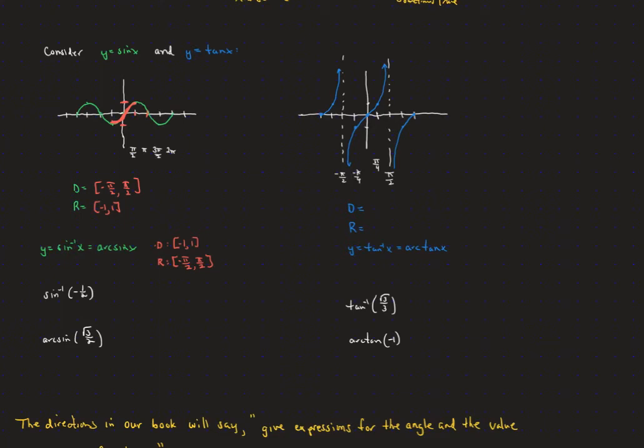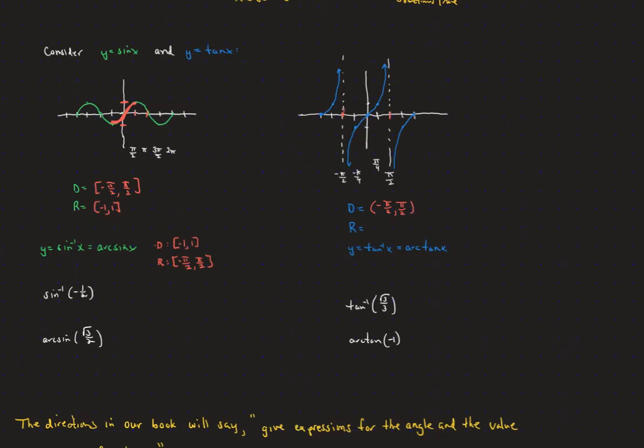Similarly, for an inverse tangent, we can see that the tangent is going to do everything that it's going to do in between negative pi over 2 and pi over 2. Now, technically, it's not defined at negative pi over 2, so I'm going to use the notation that indicates we're not including that endpoint.